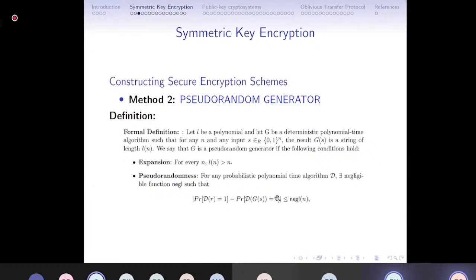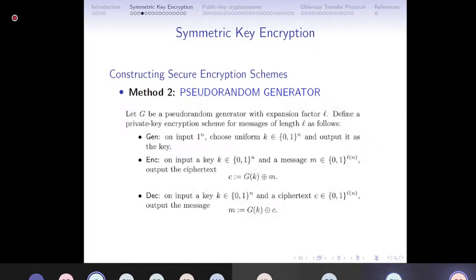If any adversary cannot distinguish whether the output was generated from the pseudo random generator or uniformly generated, then we say that our algorithm is a pseudo random generator.